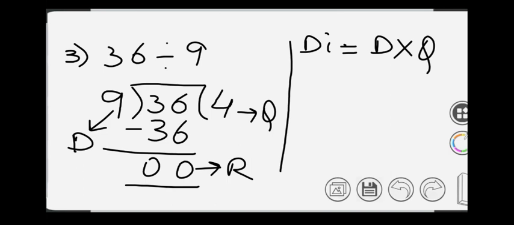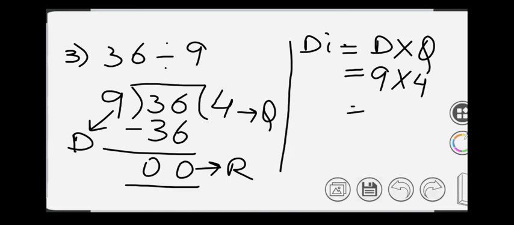But as remainder is 0, we can skip that part. So let us write divisor here. So divisor here is 9 multiply by quotient, which is 4. So I'll be writing 4 here.